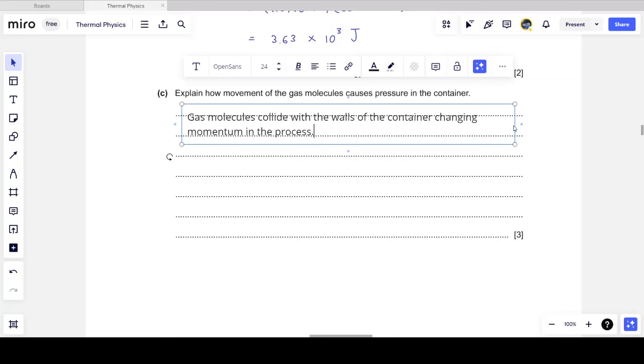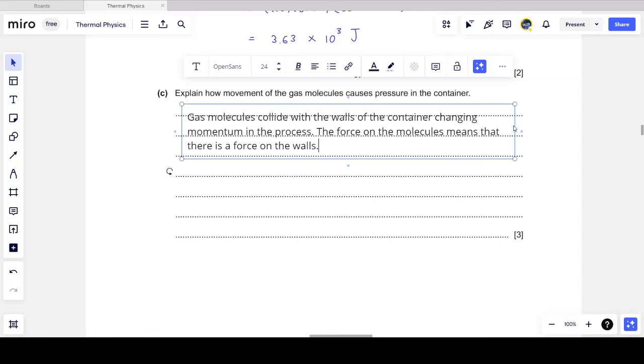Momentum's a vector, so the momentum will change. But we also know that the change in momentum means that there's a force on the molecules. So the force on the molecules, which happens when their momentum changes, means that there is a force on the wall with which it collided.